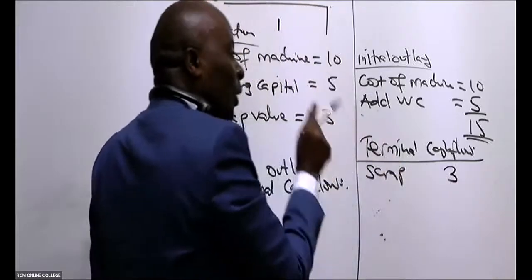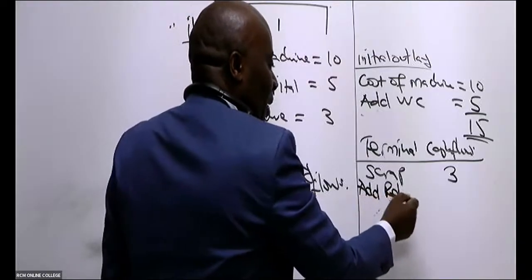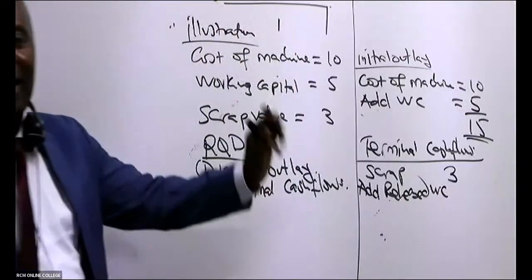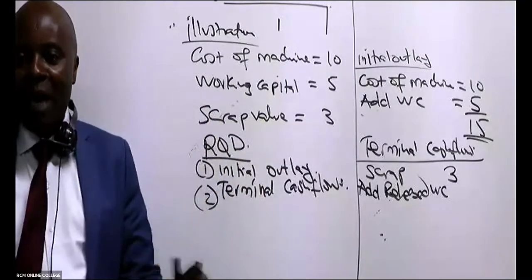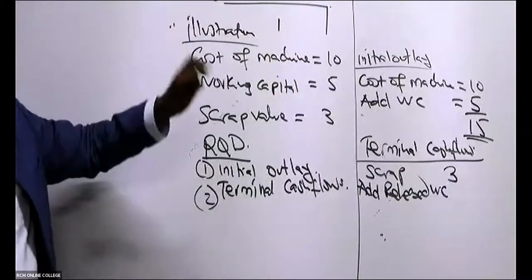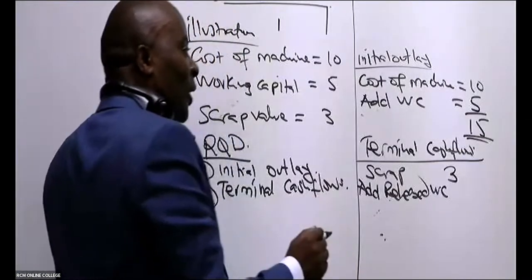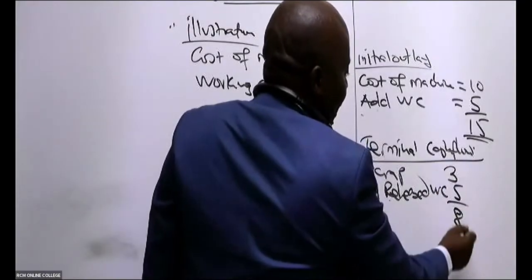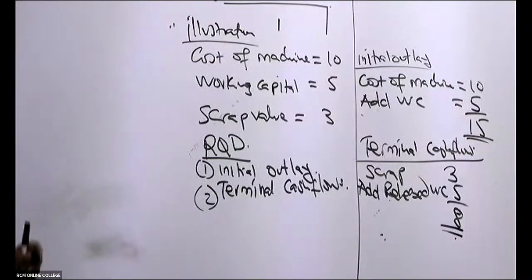And then don't forget, not unless you're told otherwise, we must always add released working capital, because working capital will always be released back. So that working capital that we injected at the very beginning will come back to you when you sell the machine. When you exit the business, working capital will come back to you. Not unless you're told otherwise that there is inflation in it, working capital will always remain the same. So 3 plus 5 gives me what here? 8. So this is very, very important.